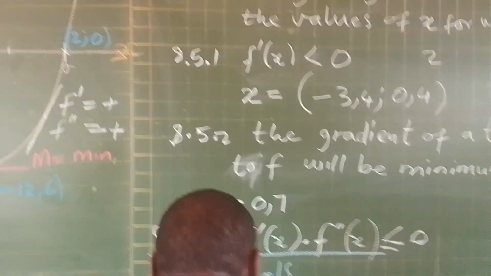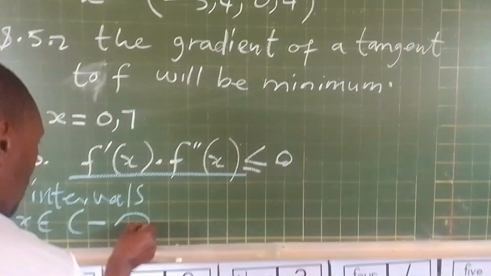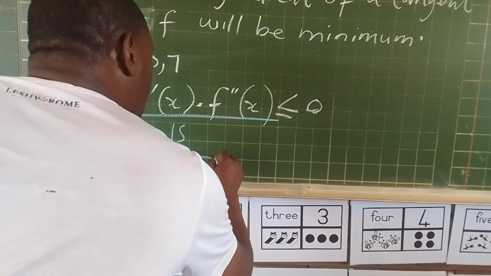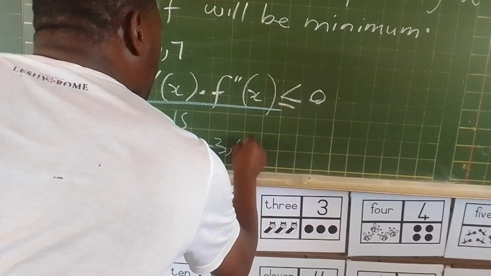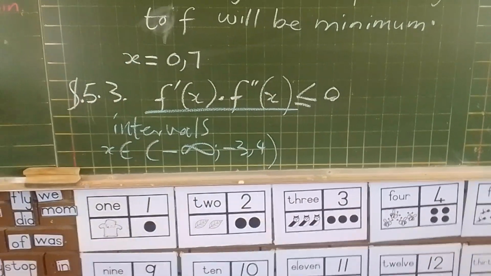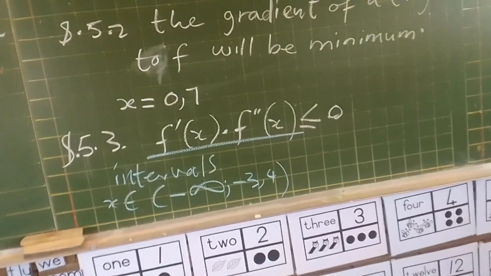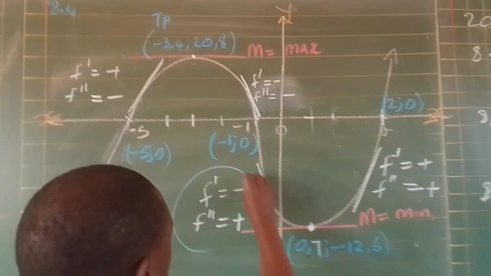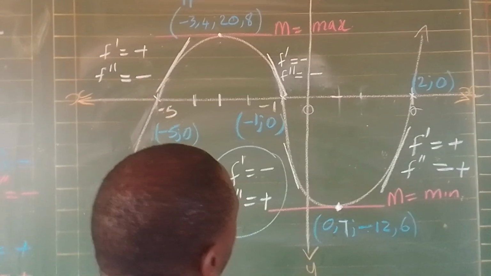So we say from negative infinity up until -3,4. That's where we found our product to be negative. Again, we find it here. Here our product is also going to be negative.